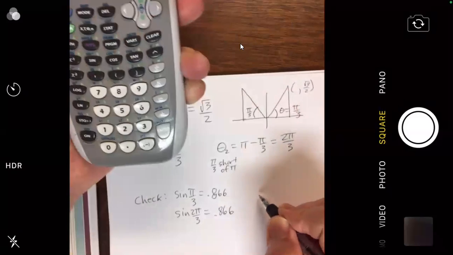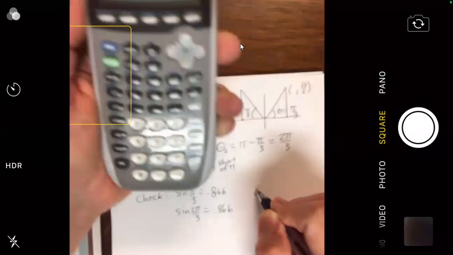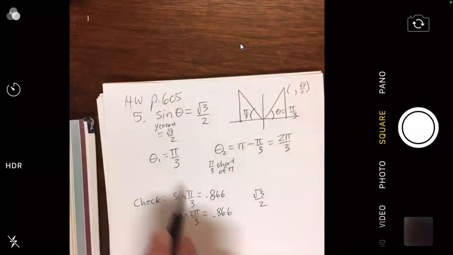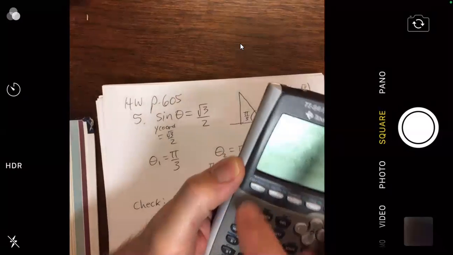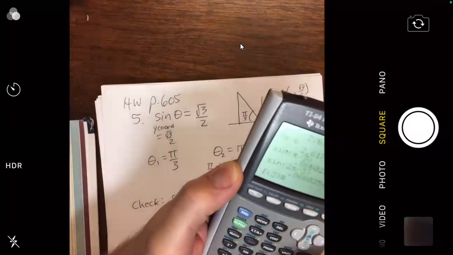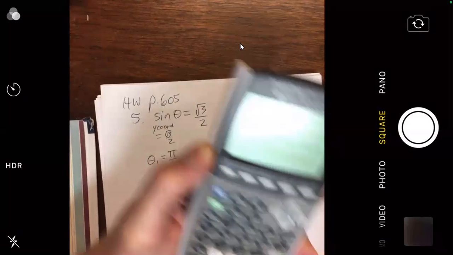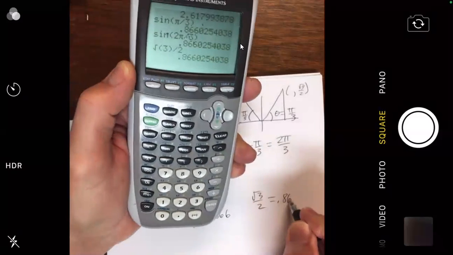And if you take root 3 over 2, there's your 0.866.